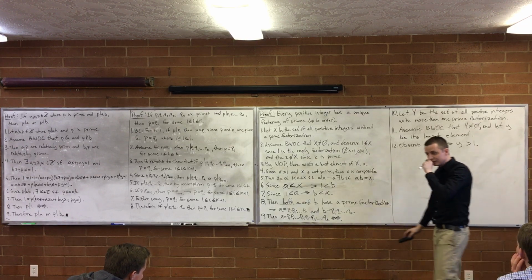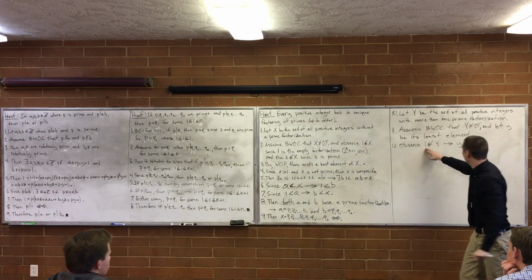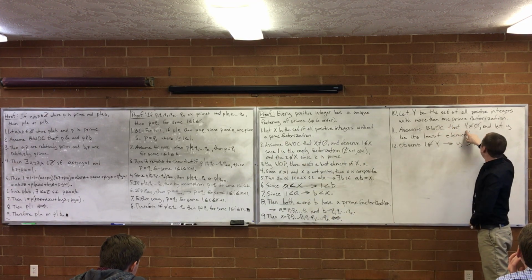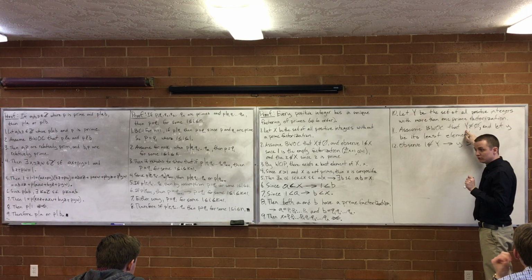How is y greater than 1? Because 1's not in here. So big Y is the set of all numbers that have more than one prime factorization.